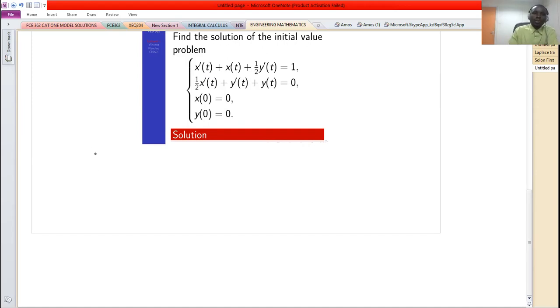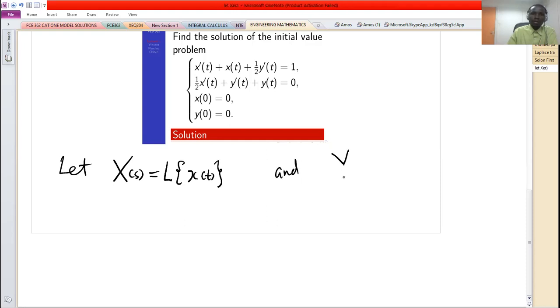Solution: let capital X of s be the Laplace transform of x of t, and capital Y of s be the Laplace transform of the function y of t.